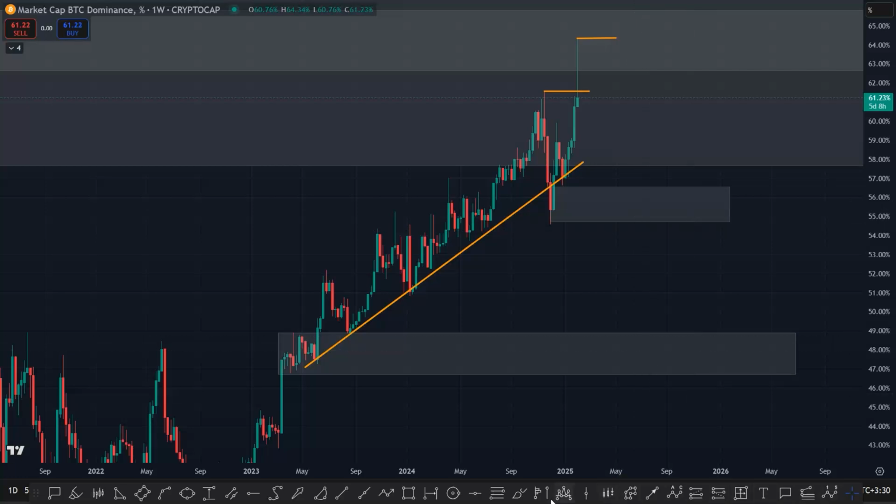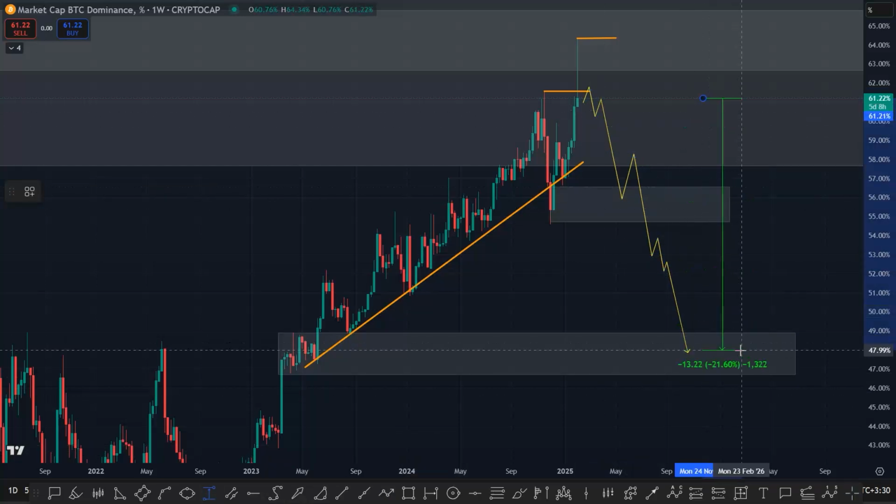If we close below these levels, I expect the beginning of a downtrend and maybe a behavior like this: a small reaction to the upside, and then downside to this level. It will be huge for altcoins, and if you measure it, it will be around 20% downward momentum on the Bitcoin dominance chart.